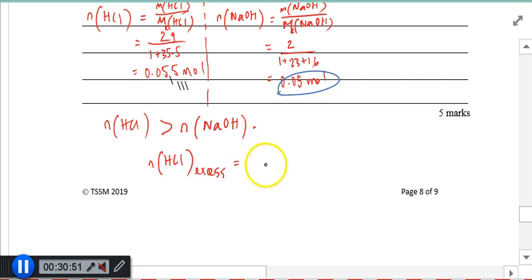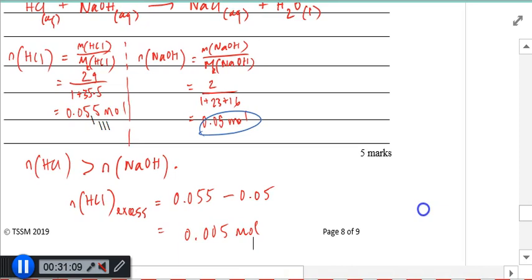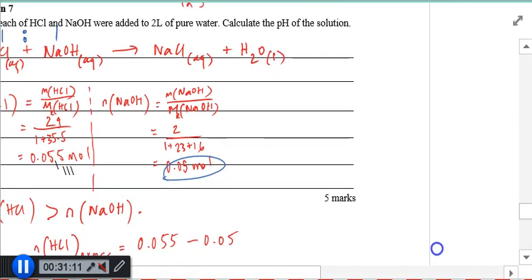So it's going to be 0.055, which is the total amount of HCl, minus 0.05 moles, which is the amount of HCl that has reacted with the sodium hydroxide, which leaves us with 0.005 mole. I would use the exact value on your calculator to be sure.